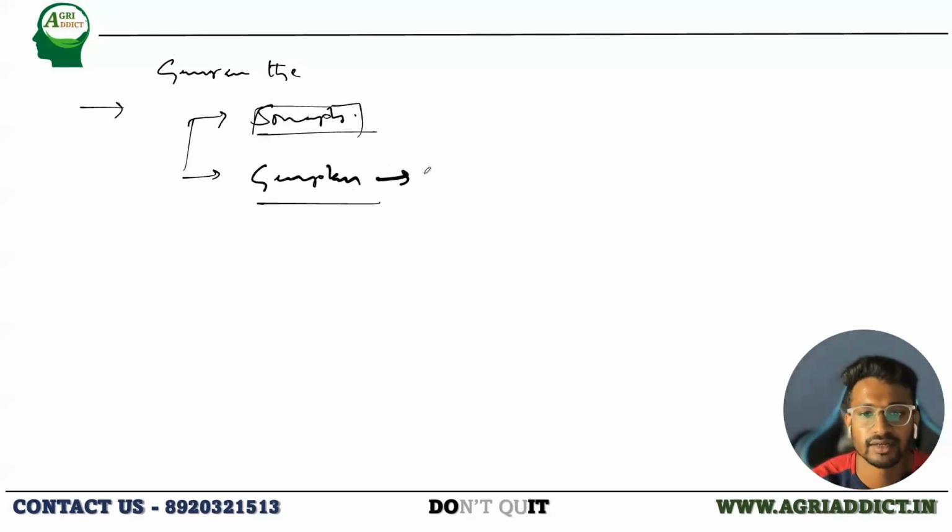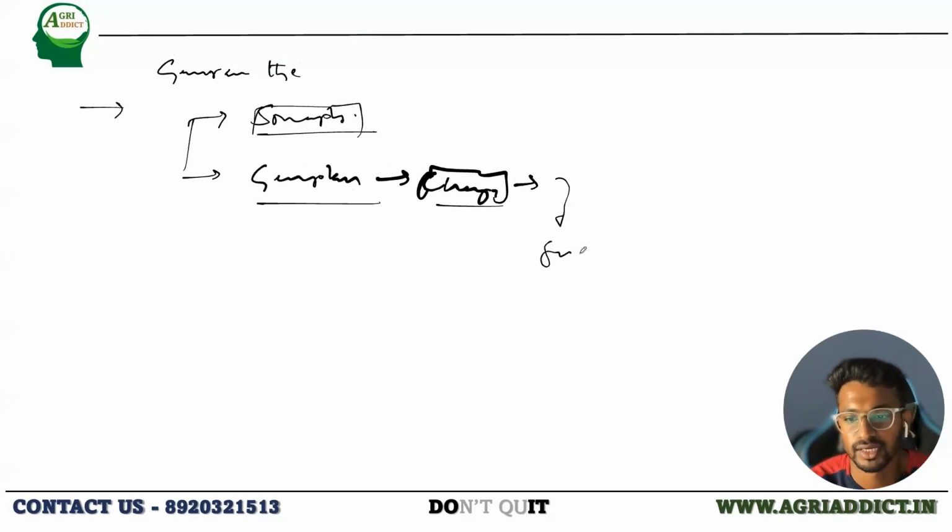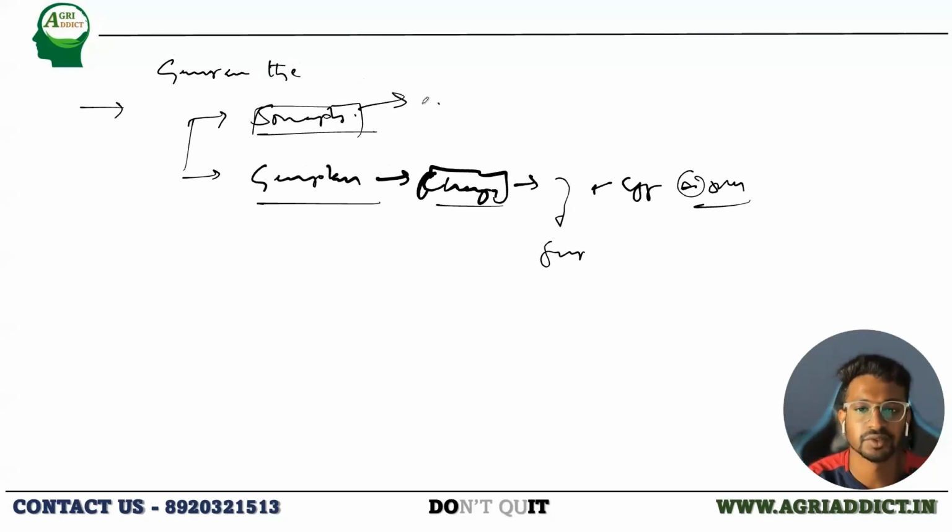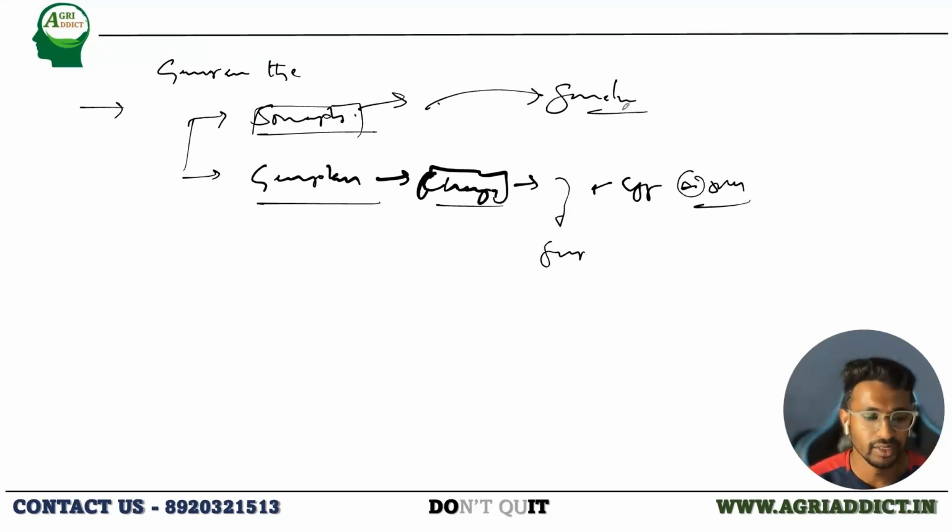The characters or changes that occur in the germplasm will pass to the next generation because it has the eggs or the sperms. But the changes that occur in the somatoplasm won't be transferred to the next generation. So out of these two distinct types of tissues, only the changes that occur in the germplasm will be transferred from the parent to the progeny, not the characters of the somatoplasm.